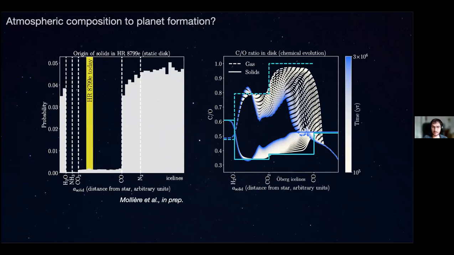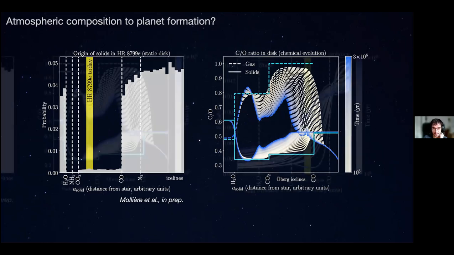But now you can include disk chemical evolution and let the chemistry in the disk evolve as a function of time. What's happening then is, for example, that carbon monoxide in the gas phase in the outer parts of the disk is converted into carbon dioxide ice, and that effectively moves the carbon monoxide ice line further in over time.